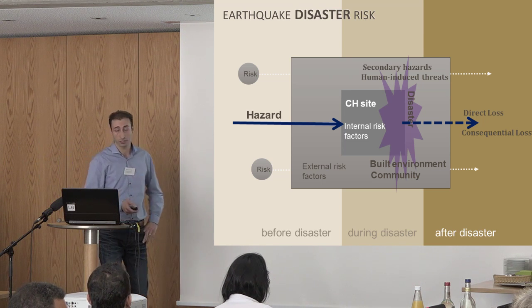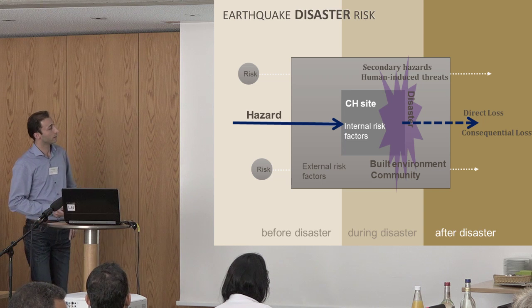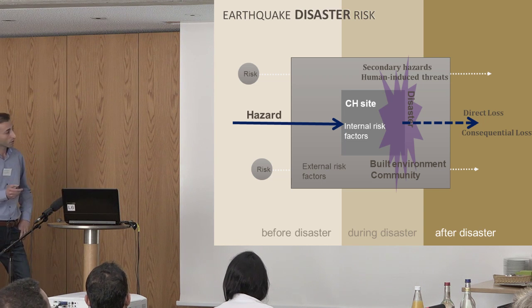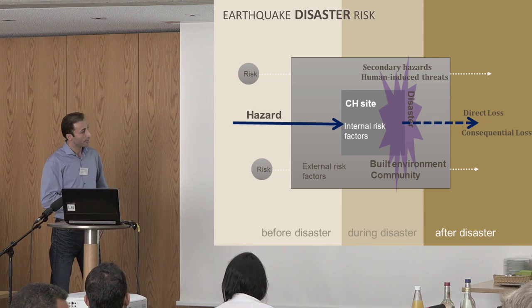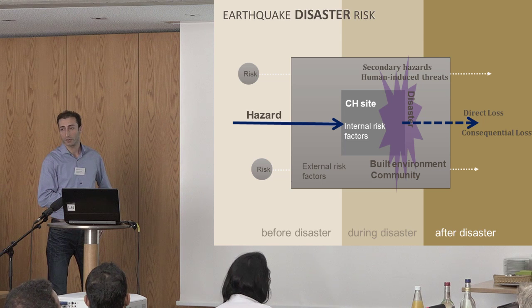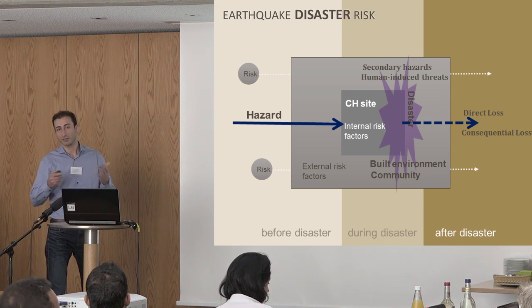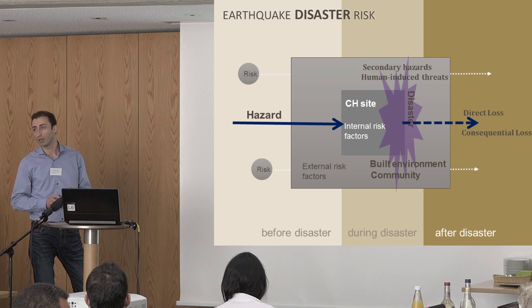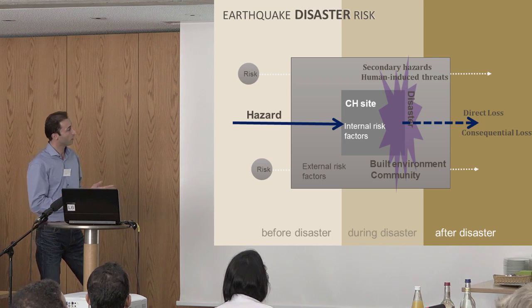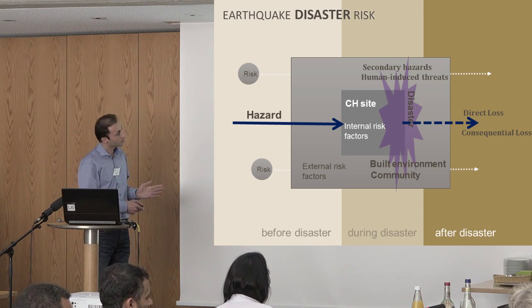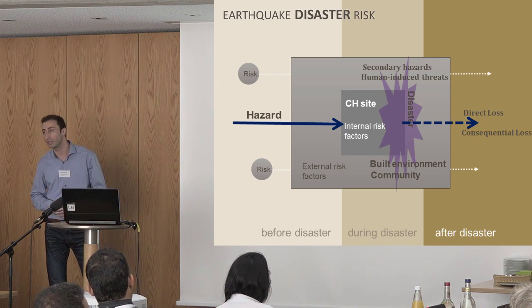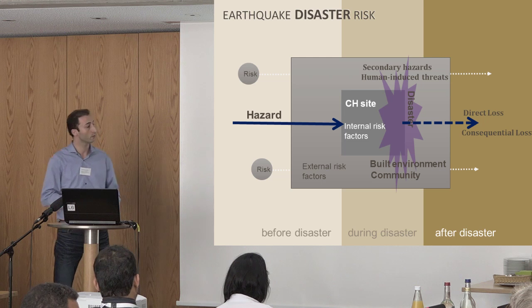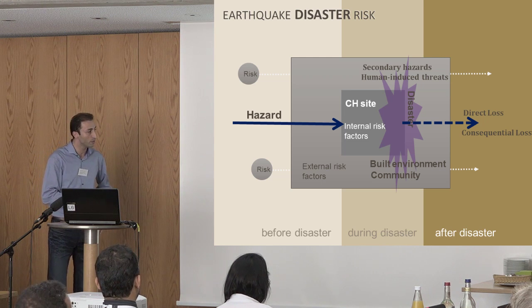Also, as Giovanni mentioned in terms of these military vocabularies, I'm continuing with the fact that the problem is not a natural hazard or earthquake with a massive impact on our cultural heritage site, but our built environment and our cultural heritage site in terms of physical vulnerability, institutional vulnerability, and sociocultural vulnerability of our community.